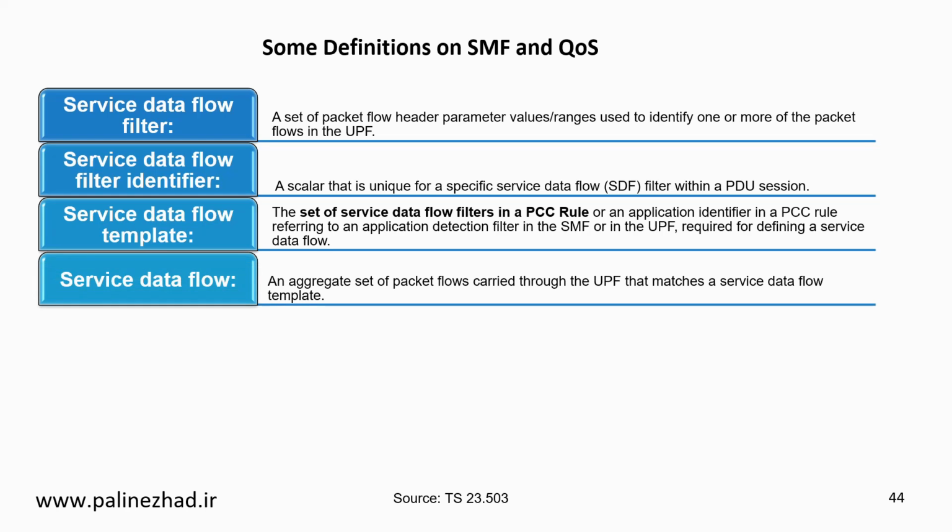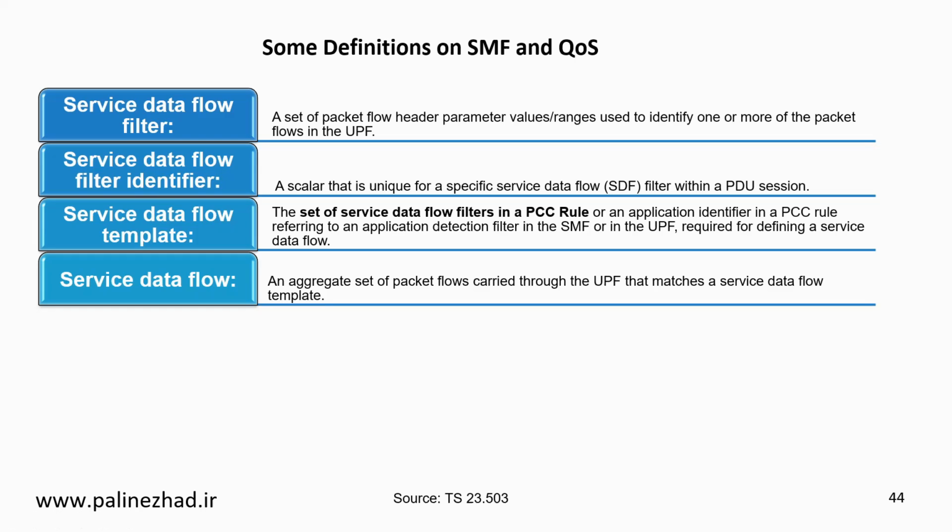The next one is Service Data Flow. We have Service Data Flow Template here, and I put Service Data Flow after that because the Service Data Flow Template is used to define the Service Data Flow itself. Let's read the definition. It is an aggregated set of packet flows carried through the UPF that matches a Service Data Flow Template.